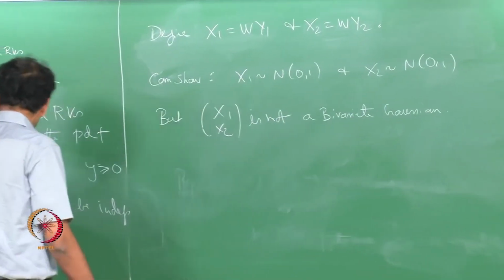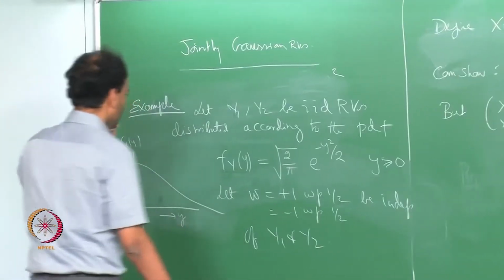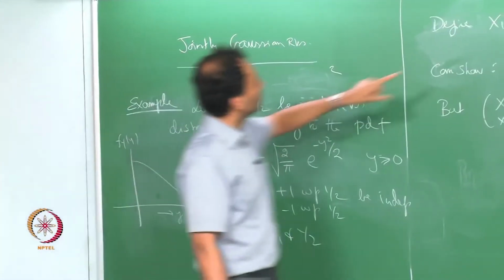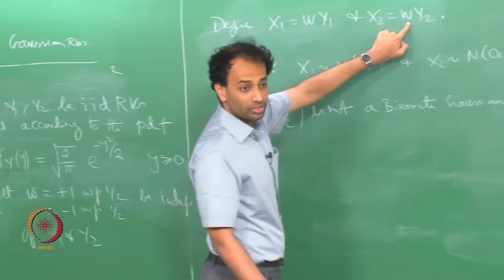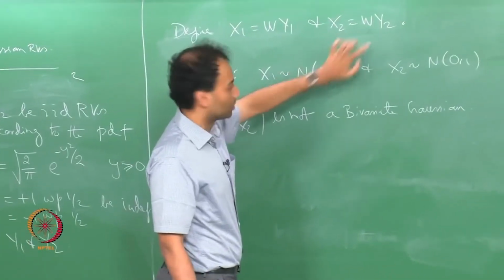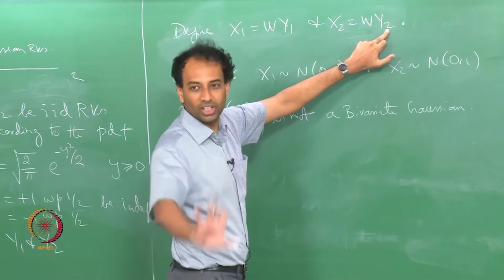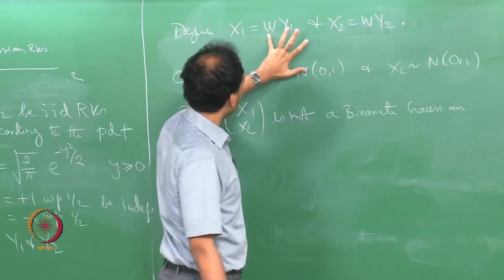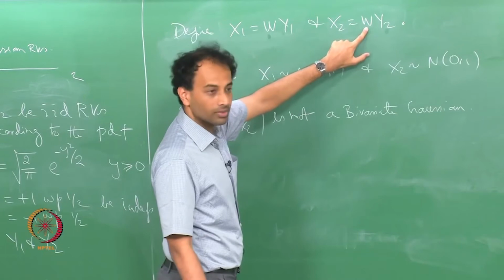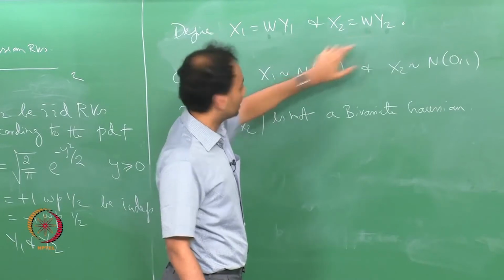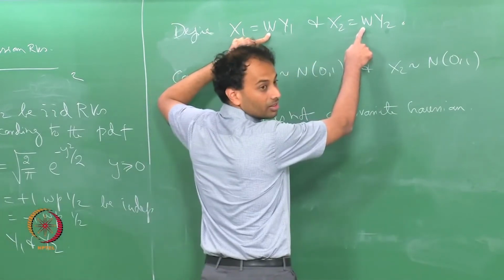So, if you notice, the same W is feeding the signs of x1 and x2. See, y1 and y2 are always non-negative, correct, and W decides the sign of these x's, but the same W feeds in here, right.